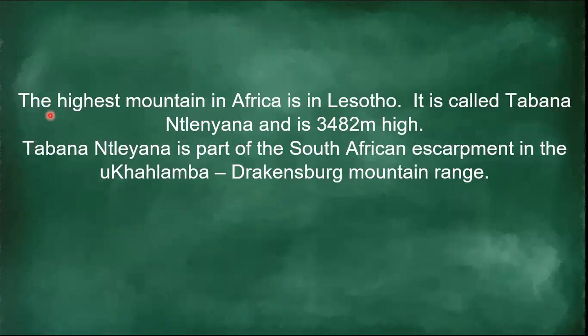The highest mountain in Africa is in Lesotho. It is called Thabana Ntlenyana, and it is 3,482 meters high. It is very high. Thabana Ntlenyana is part of the South African escarpment, as we've learned about. An escarpment is a steep rise area.